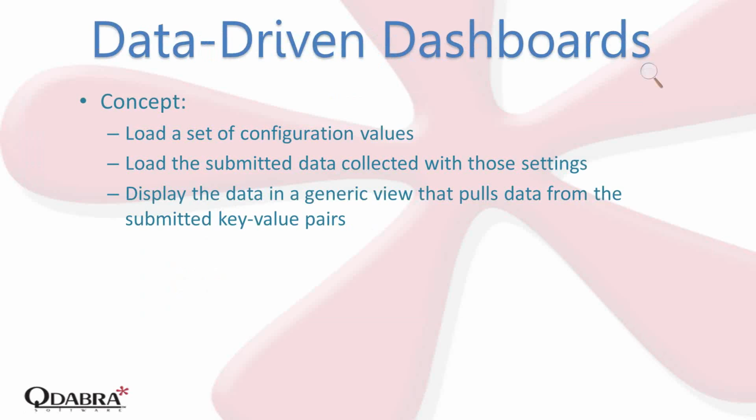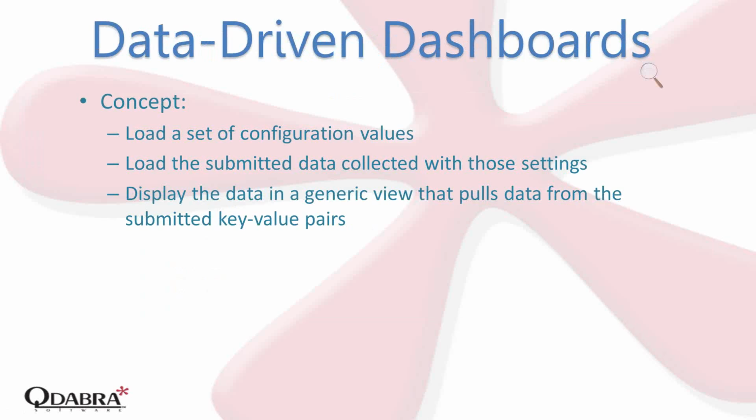Well, you load a set of configuration values. We've got the configuration values defining what a single survey is in this survey concept. We've configured a survey. It's got a specific collection of questions, and each of those questions has specific text, specific control type. So you have your dashboard load up one of those at any given time.